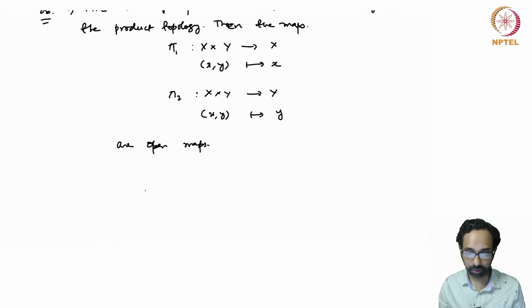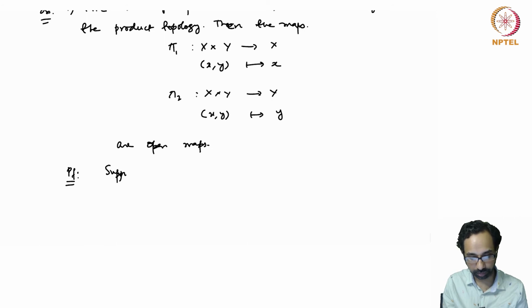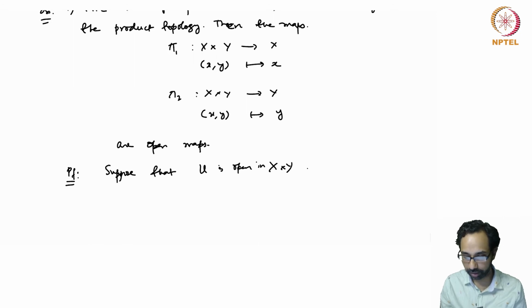So to see this, this is a short proof, suppose that U is open in X cross Y, and just to show that pi1 is open, the other case is similar.